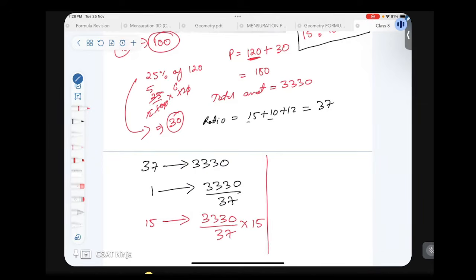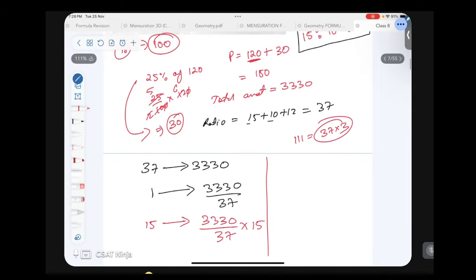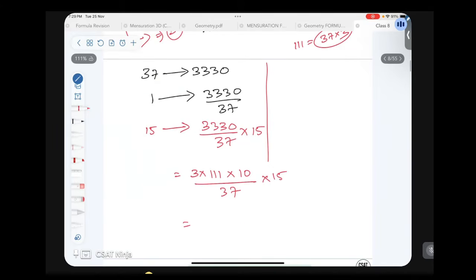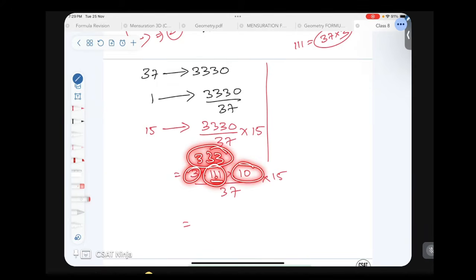So how do you find this? I think I've told you in our first class to always remember that 111 is nothing but 37 into 3. So this can be rewritten as 3 into 111 into 10 divided by 37 into 15. 3 into 111 will be 333, and 333 into 10 is this one only.